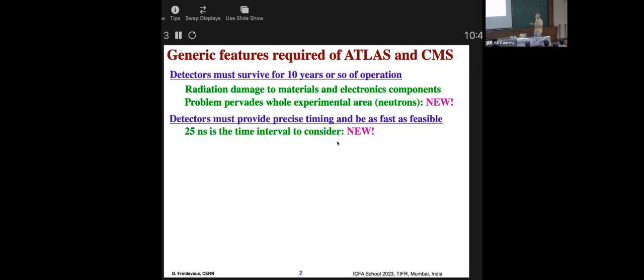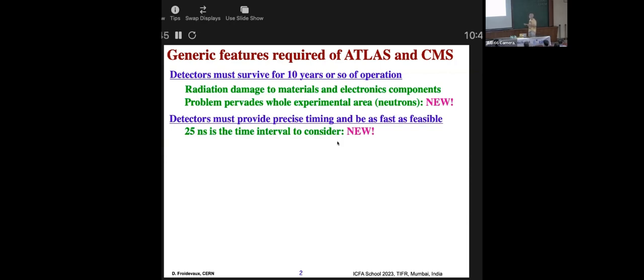The detectors should provide precise timing and be as fast as feasible. When I write "new" here, this was a new experimental challenge, right? We didn't have this challenge before at such a level. So 25 nanoseconds between bunch crossings was the smallest interval we had ever had. At HERA, the machine was not so far from that, at 100 nanoseconds, but with a much lower collision rate.